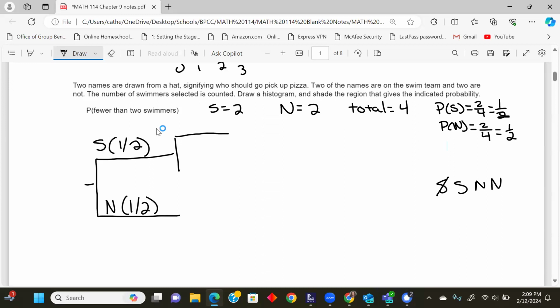So on the second draw, the probability you pull a swimmer is 1 out of 3 because there's 3 people left. And then if you pull a swimmer the first time, the probability you pull a non-swimmer is 2 out of the 3 that you have left.